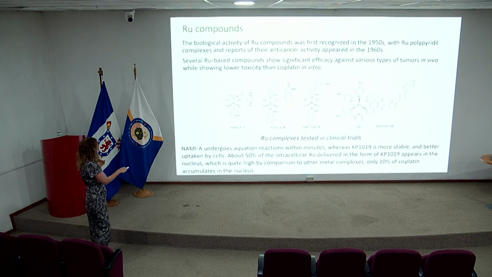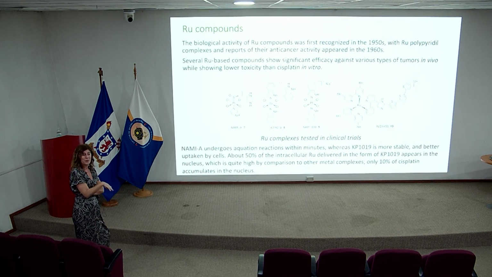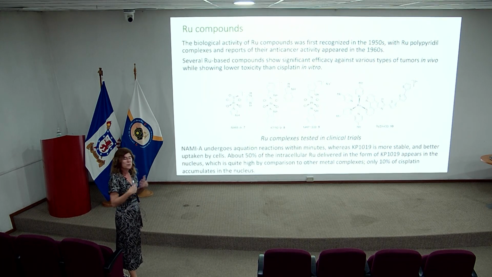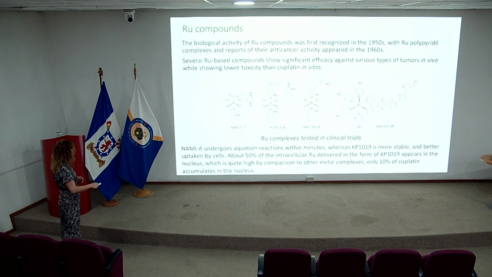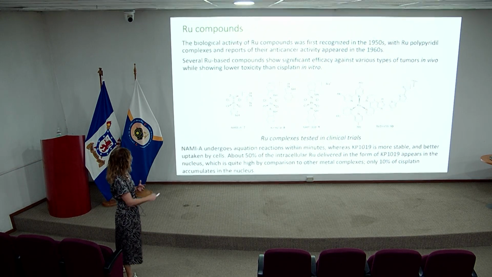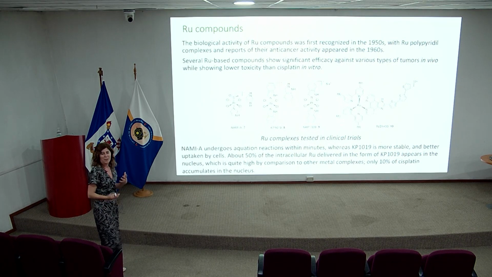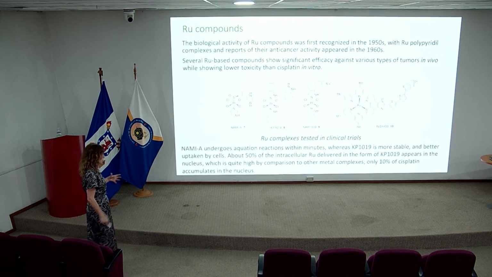So you can see that the metal is surrounded by several chloride ions. These chloride ions typically are replaced by water molecules, just like it happens with cisplatin. And for NAMI-A, the aquation is very rapid. This one takes more time, and we want aquation to happen, but not to be so fast.